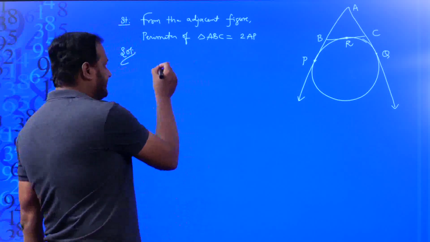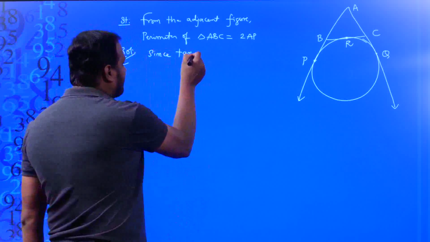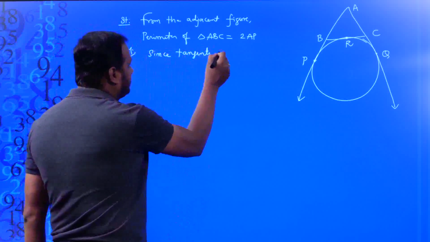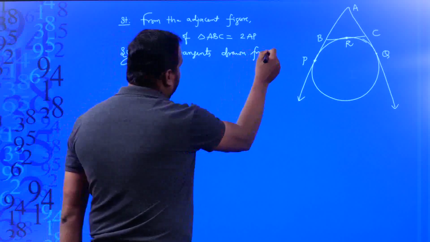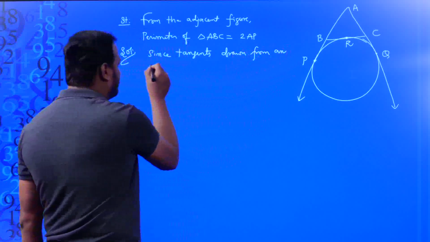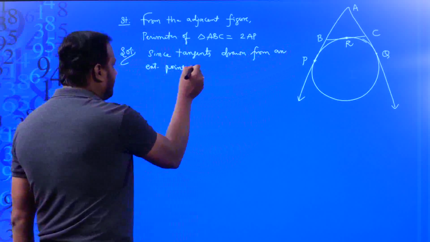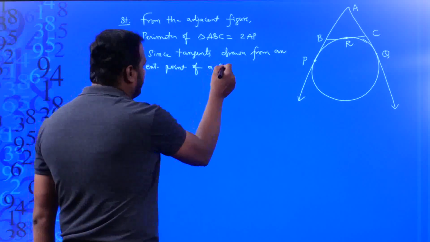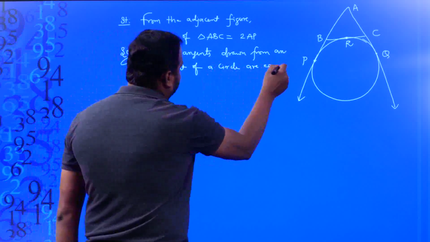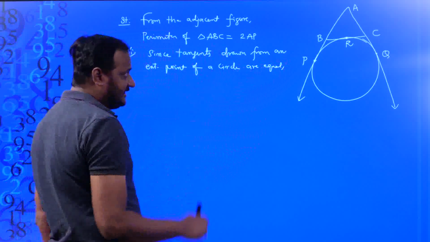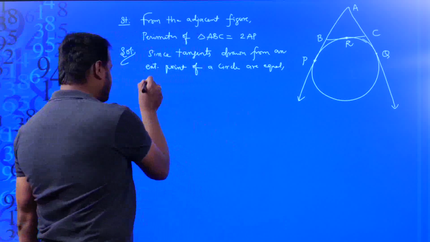So I am going to write the statement: since tangents drawn from an external point of a circle are equal, we can say that from A, AP is equal to AQ, that is the first thing.